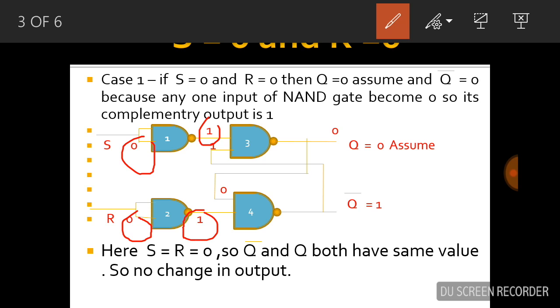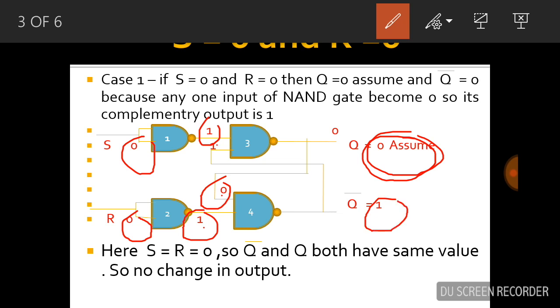First of all, here assume Q is equal to 0, because a flip-flop's output depends on the previous value, but we cannot identify the previous value. That's why we assume Q is equal to 0. This 0 is passed on, so the inputs are 0 and 1. If any input is 0 in a NAND gate, the output is always 1.